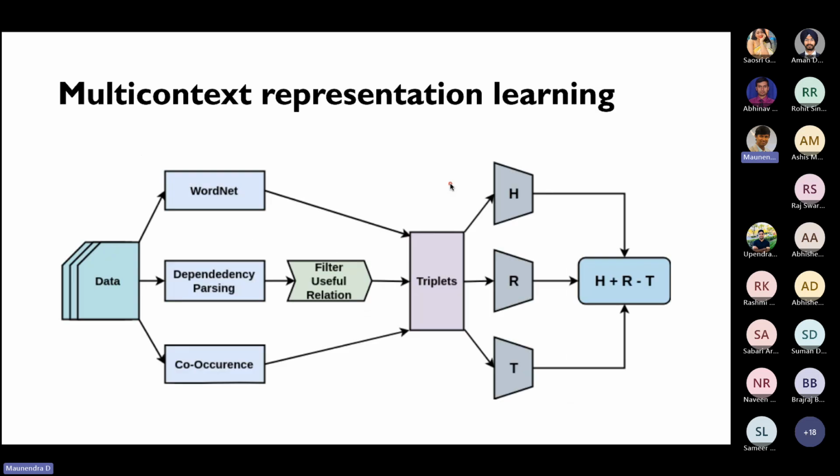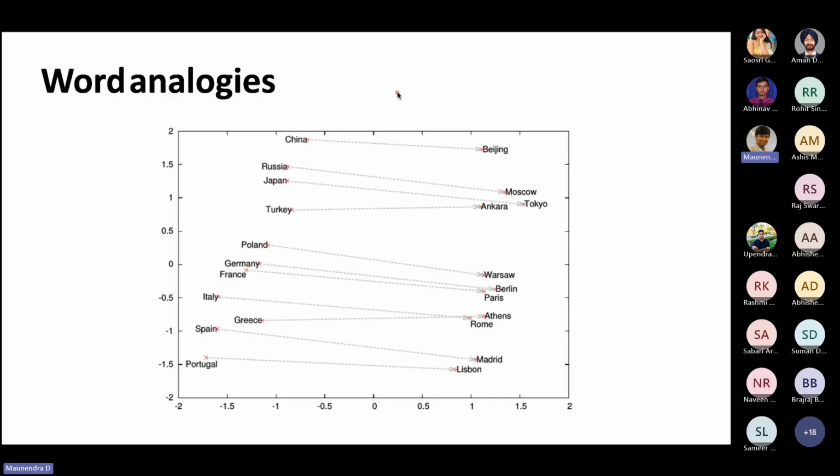And there was something for superlatives also: small, smaller, smallest, large, larger, largest, quiet, quieter, quietest. Here also the translations were very similar. So in other words, these models were able to find some kind of analogies. This was an interesting observation.